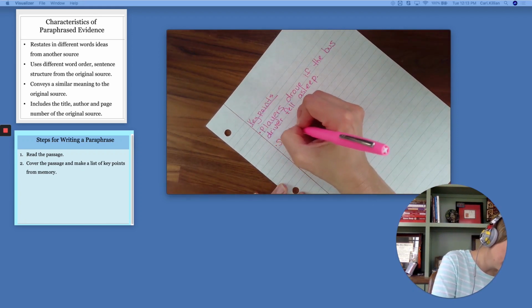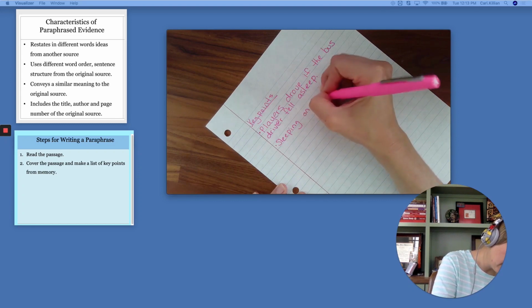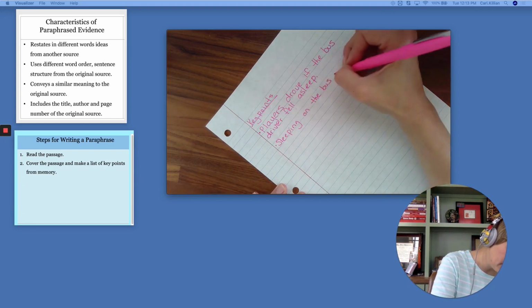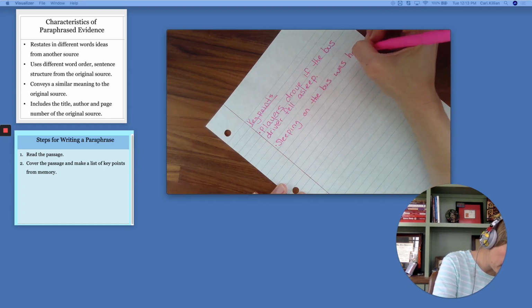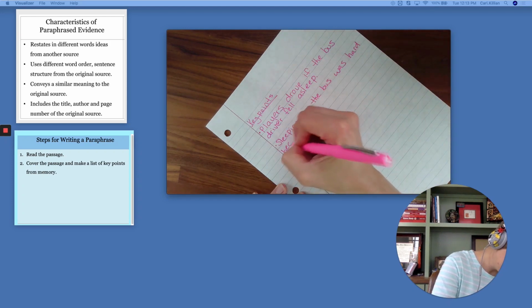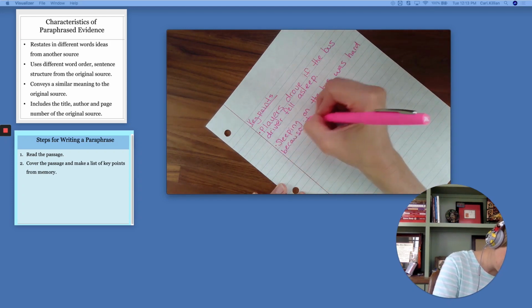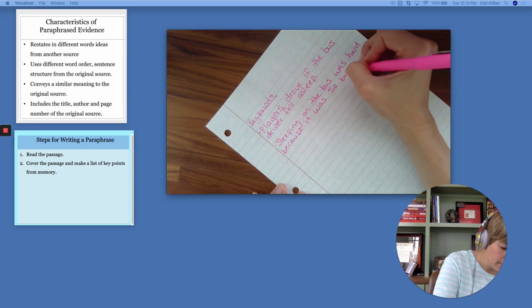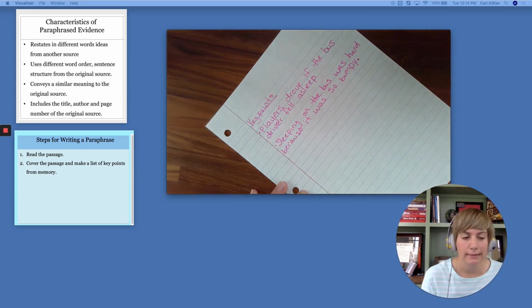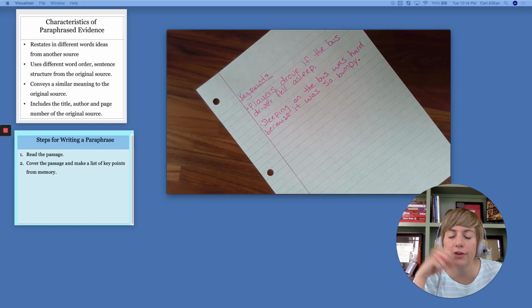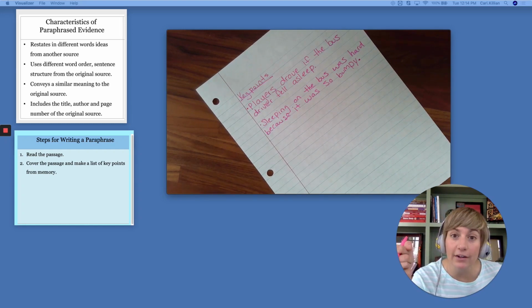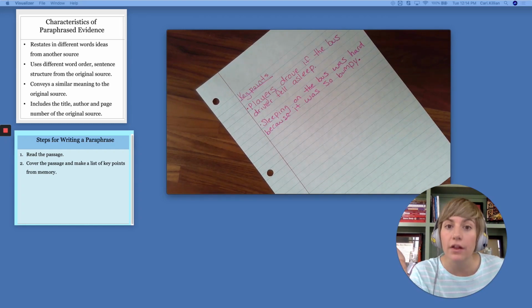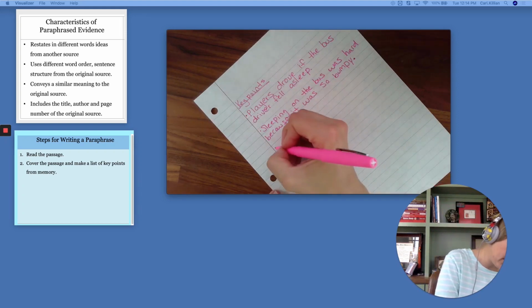Sleeping on the bus was hard because it was so bumpy. Let's see if I remember anything else. The players, they entertained one another to keep each other busy. So let me write that here.